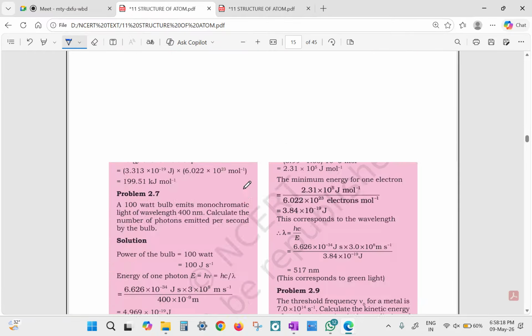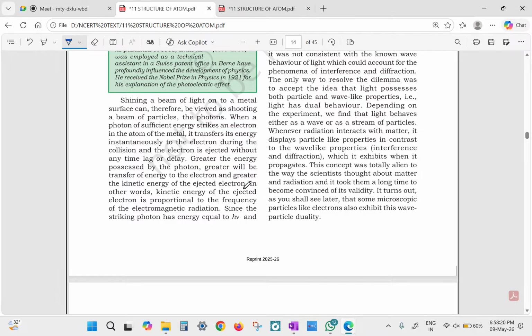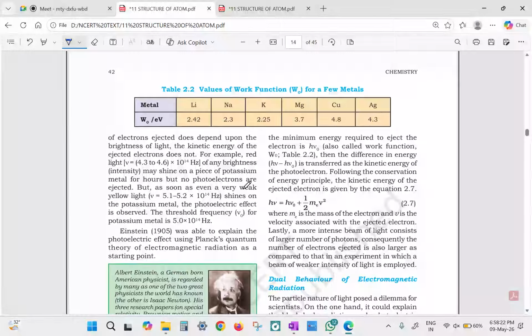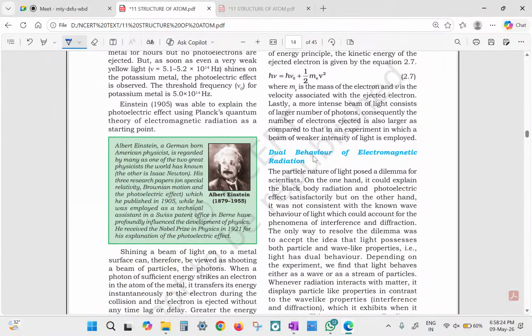So he started with using light to have particle and wave character. Similarly, matter is supposed to have dual behavior like electromagnetic radiation. Earlier, the particle nature of light posed a dilemma for the scientists.